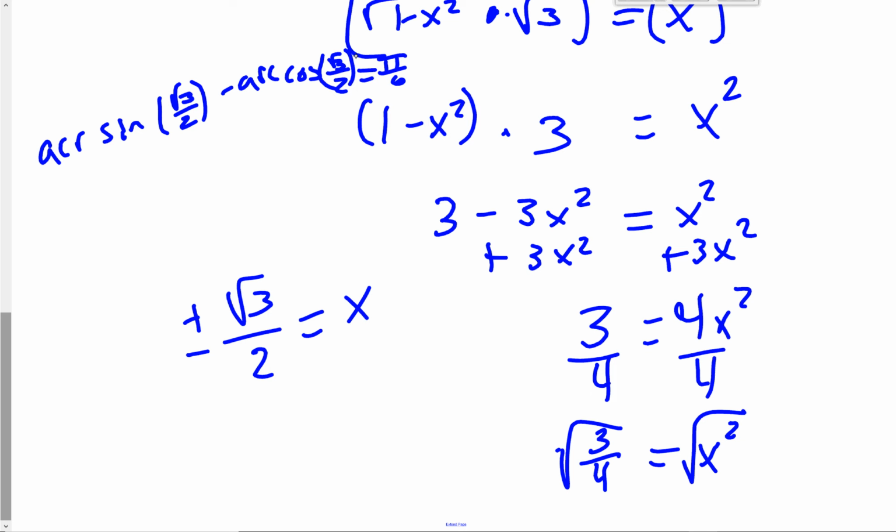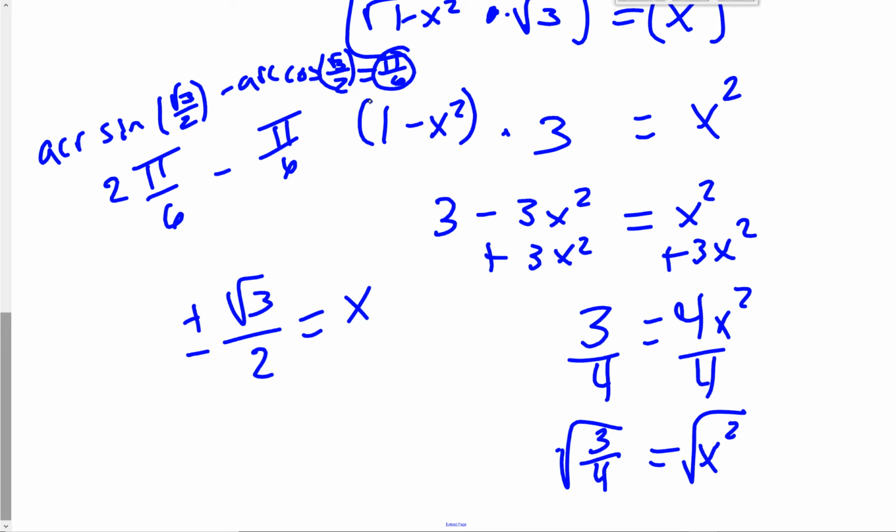Okay, so now we're just going to check and see if this is right. What angle of sine gives us root 3 over 2? Well, that's pi thirds. What angle of cosine gives us root 3 over 2? Well, that's pi sixth. If I subtract those, this would be 2 pi over 6, so 2 pi over 6 minus pi over 6 is pi sixth.